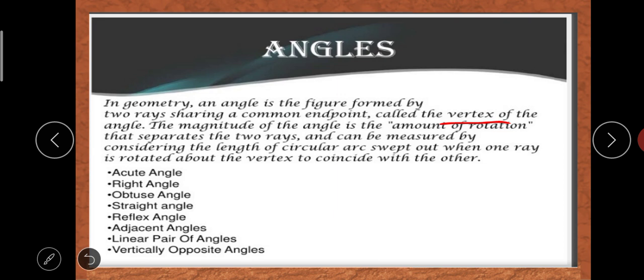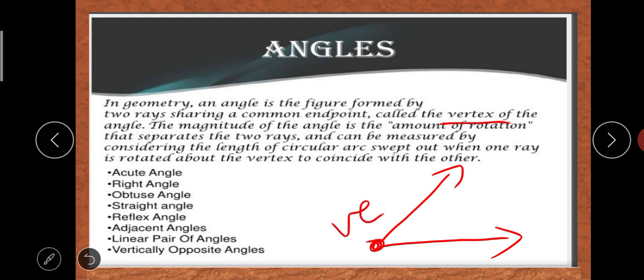So let's draw one angle here. This is an angle where two rays share a common point. This common point we say is the vertex.